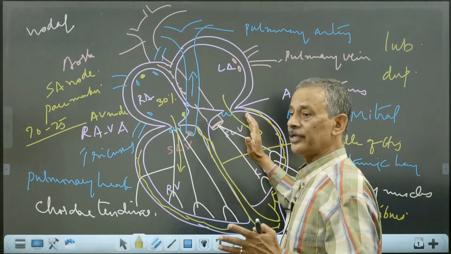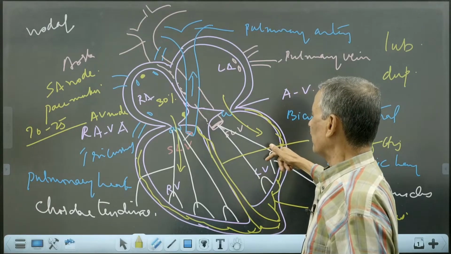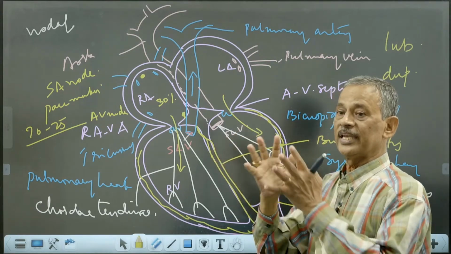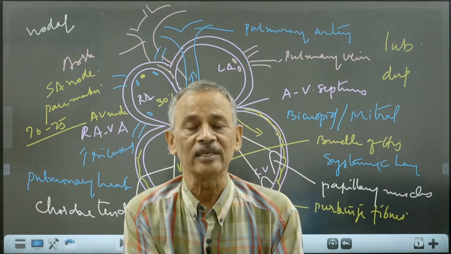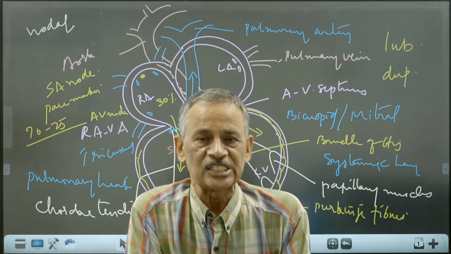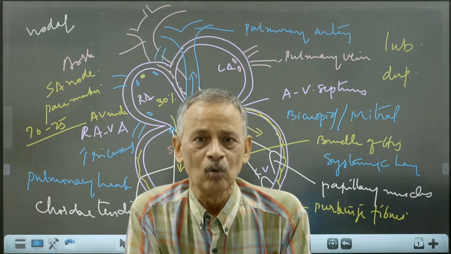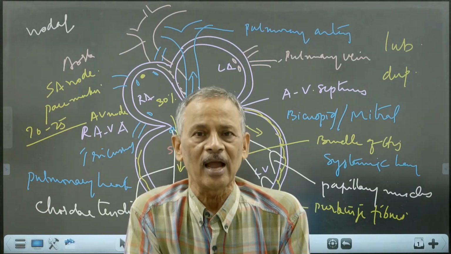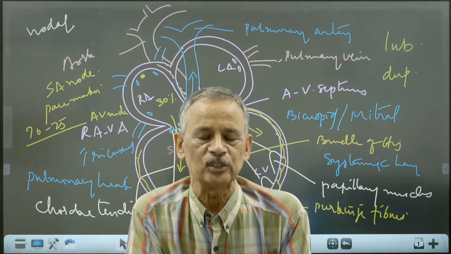We have again reached a stage where atria and ventricle are both in a diastolic stage, which is called joint diastole. So we started from a stage called joint diastole, and now both atria and ventricle are again in that stage called joint diastole.